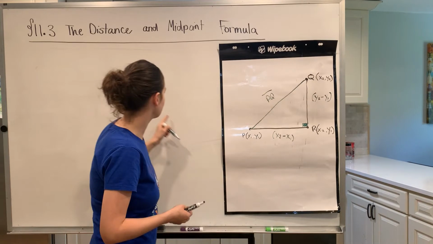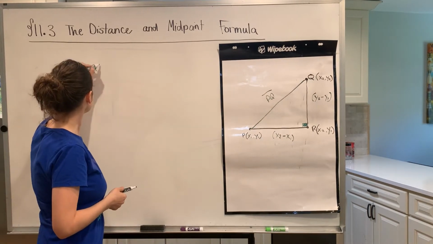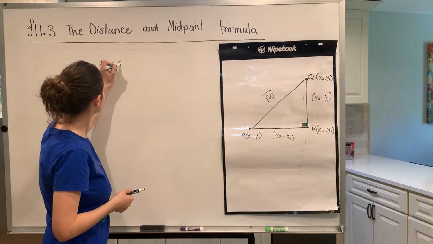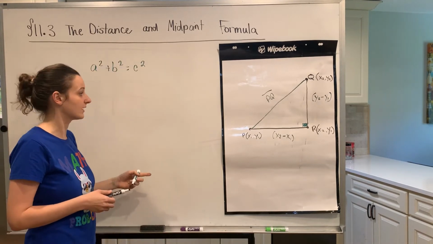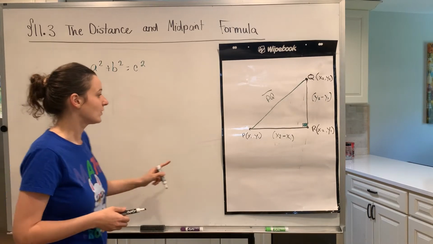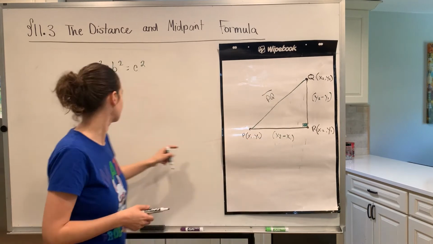So let's come over here and plug that into our Pythagorean theorem from yesterday. Remember, the Pythagorean theorem is a squared plus b squared is equal to c squared, where a and b are the legs of the right triangle. So the legs extend off of the right angle, so my first leg is x2 minus x1.